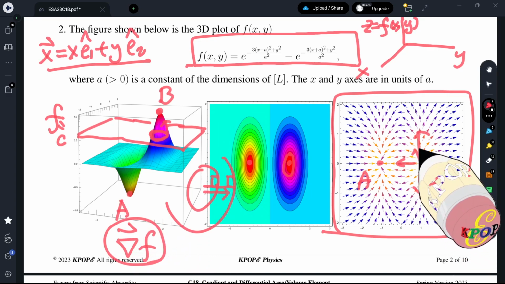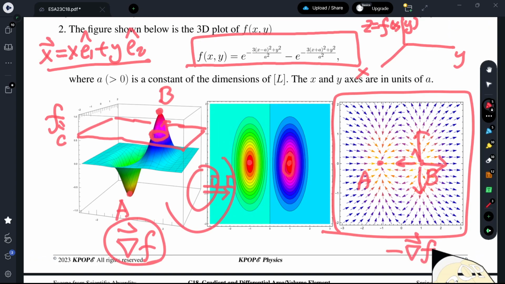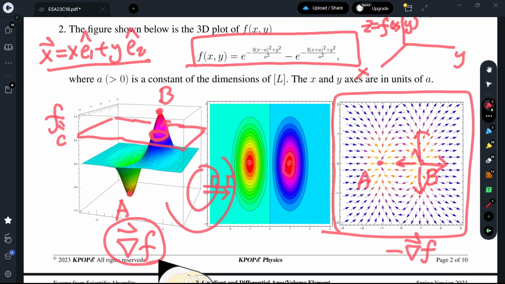Therefore, this is the opposite direction, I guess this is minus gradient of f. The gradient is a vector field, and the gradient of a scalar field represents a direction of maximally increasing the scalar field. Minus the gradient of f represents the maximally decreasing direction, and the magnitude is the slope of decrease.